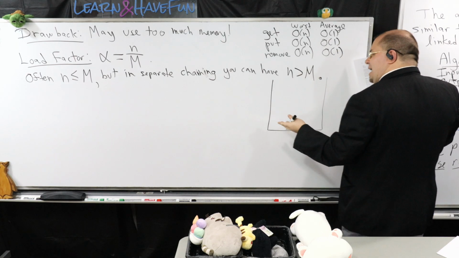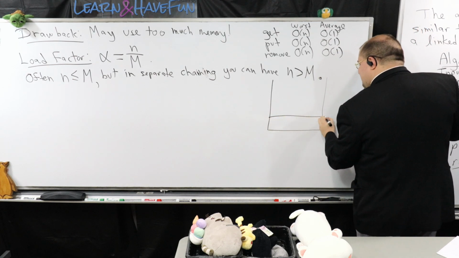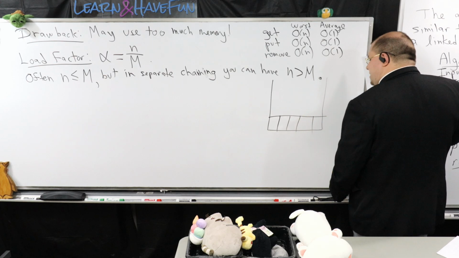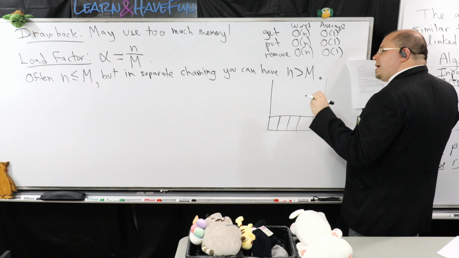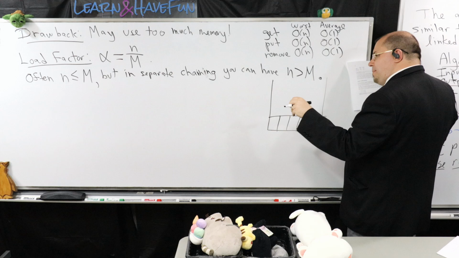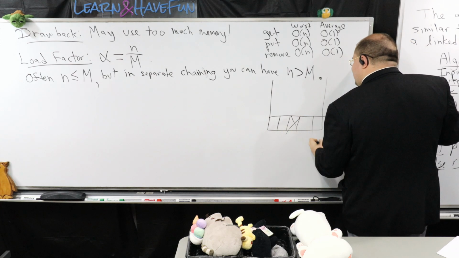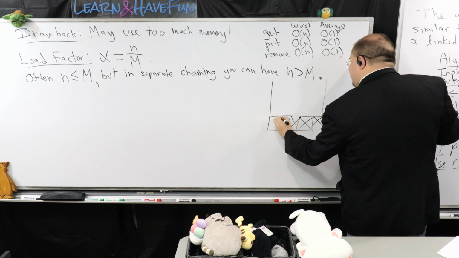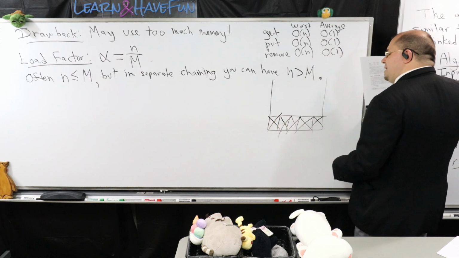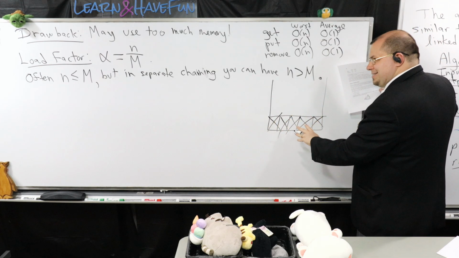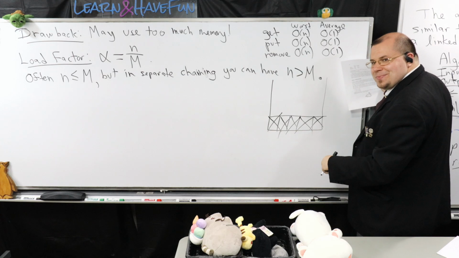So I want you to imagine I have my slots in my table. On average, what I should expect to happen is that when I perform insertions into this table, they should be uniformly spread such that I get something that's roughly this when I fill up the table.